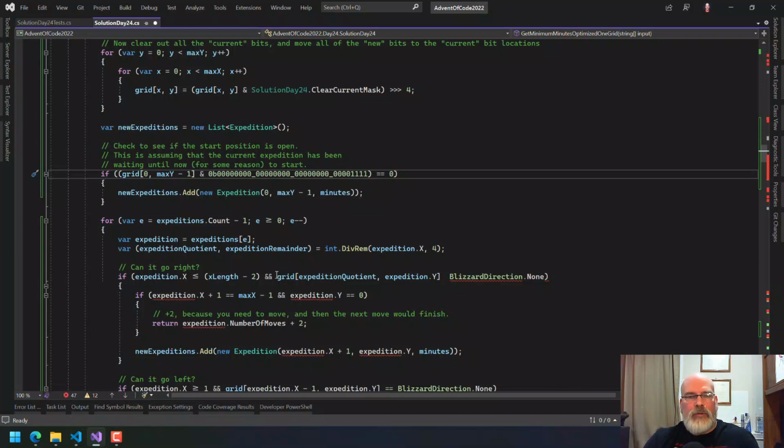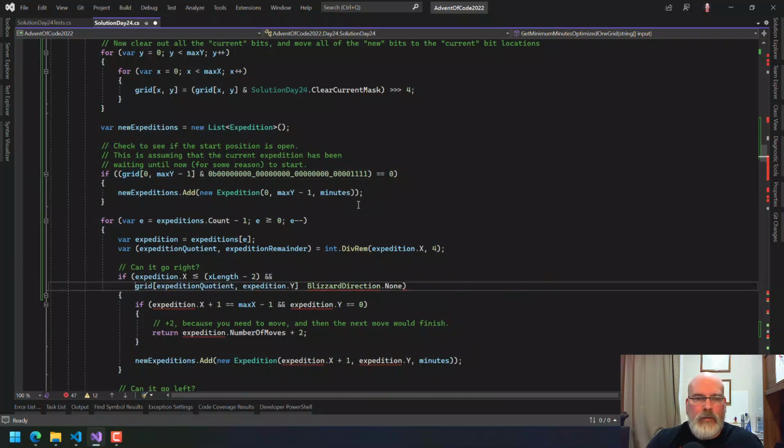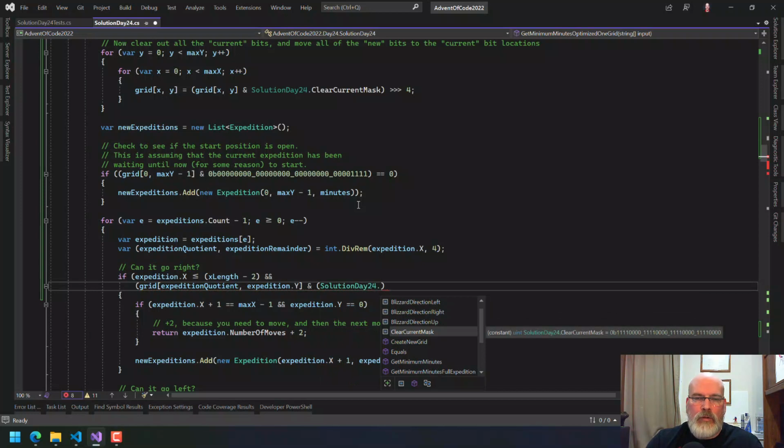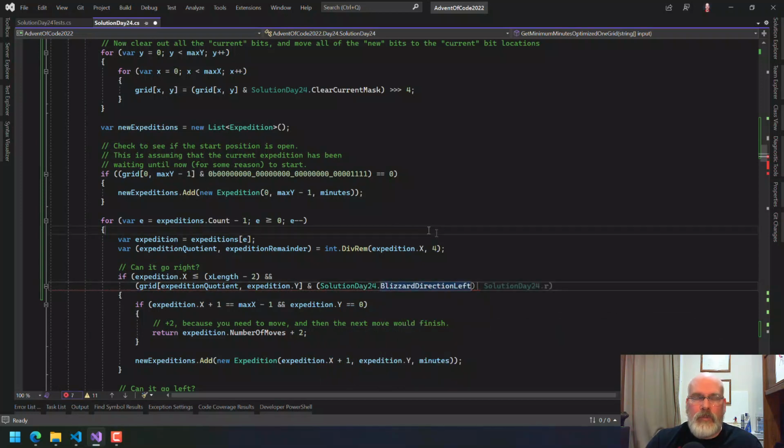So what you want to do is say this anded with left.